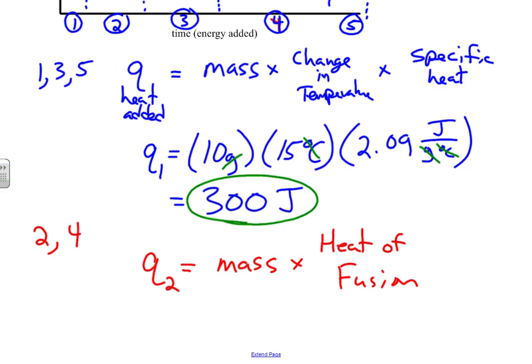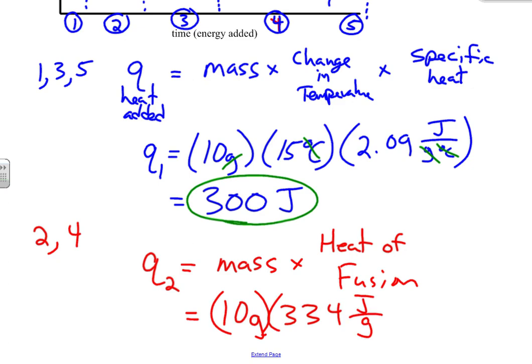So for the water, we have a mass of 10 grams, and the heat of fusion is 334. Let's be consistent here. So 10 grams times 334 joules per gram.